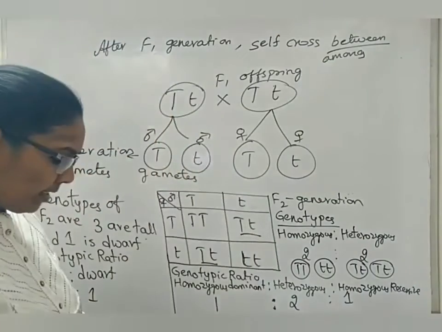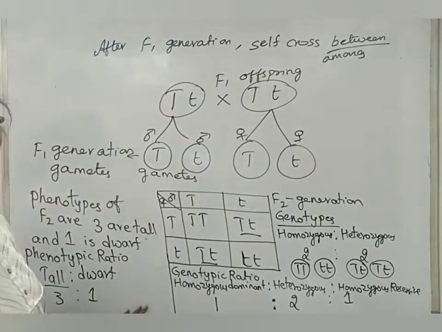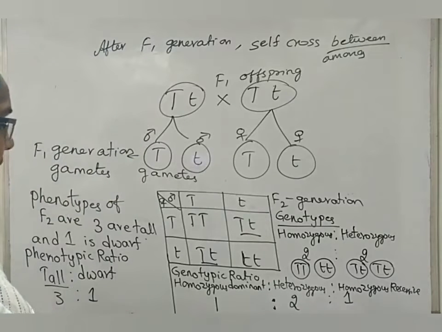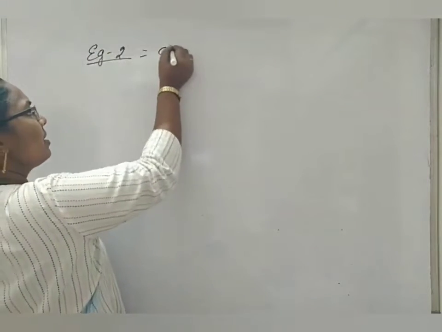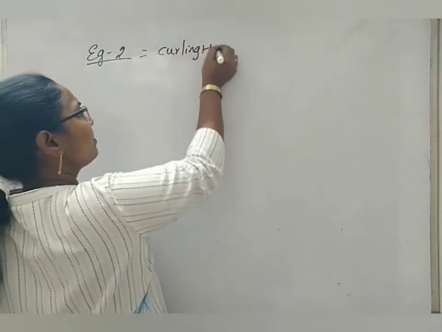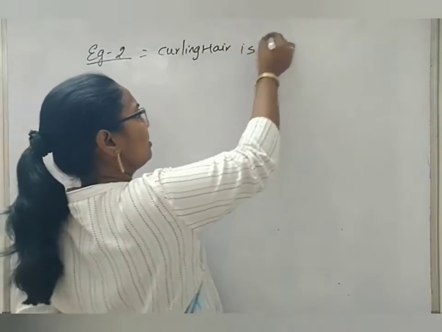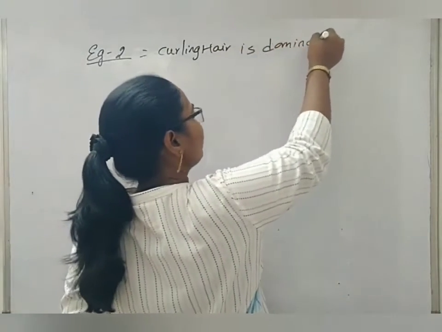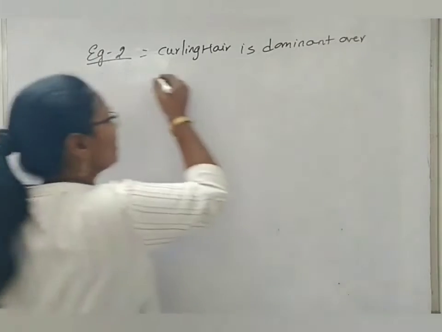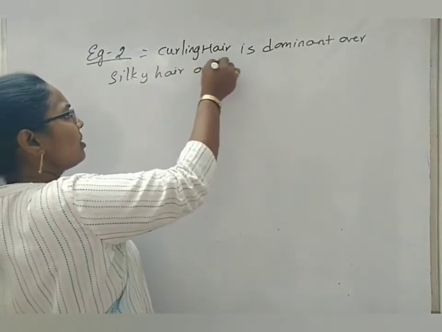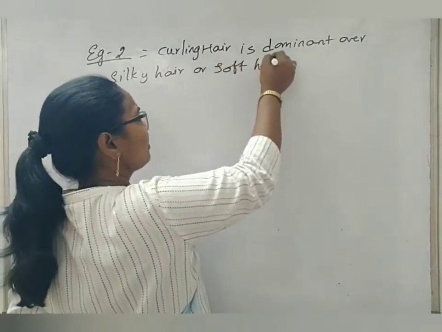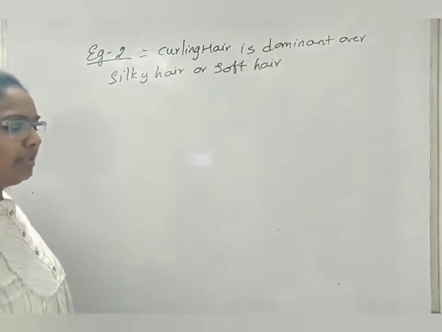That example also we will take as one of the best examples for our discussion. Example 2: curling hair is dominant over silky hair or soft hair.